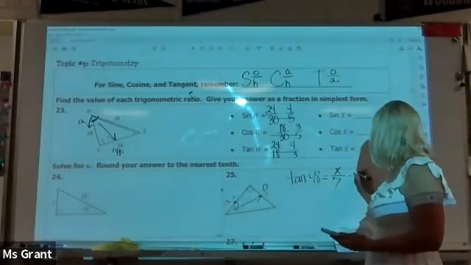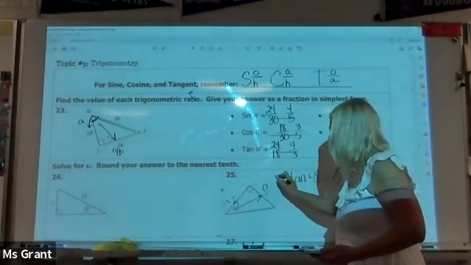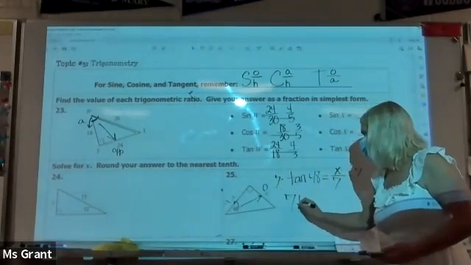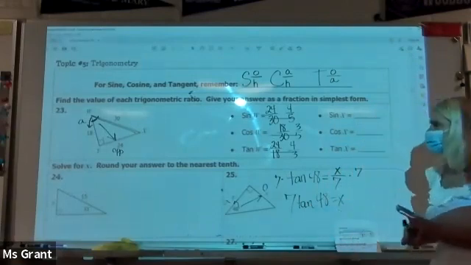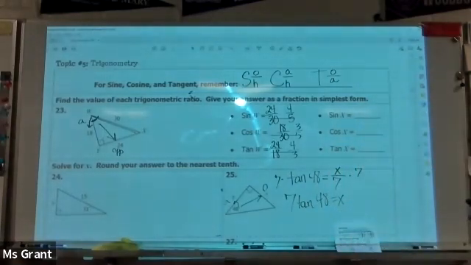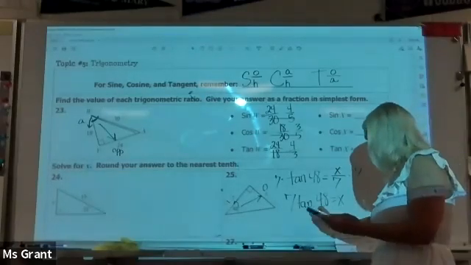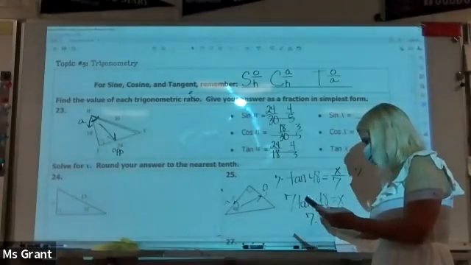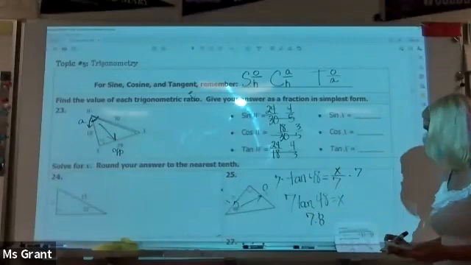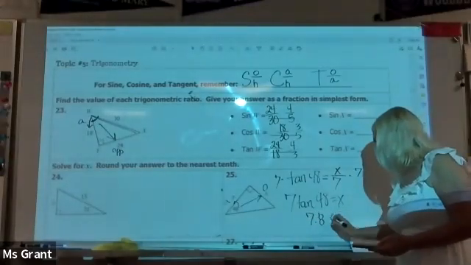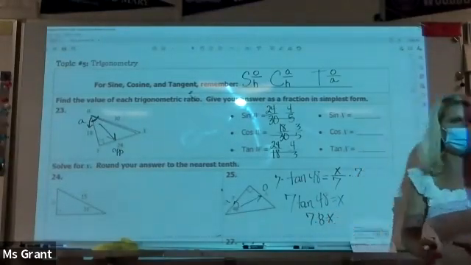And to solve for x, I multiply both sides by 7. Tangent 48, so you just do that in your calculator. Round to the nearest tenth, 7.8. That's how long the side is. It's 7.8 long.